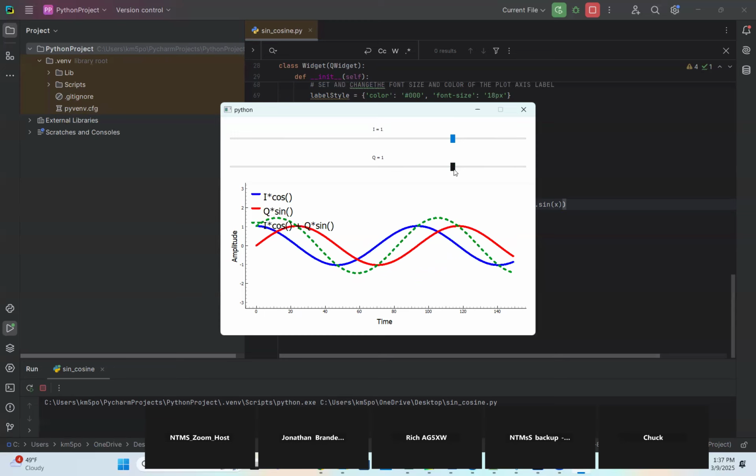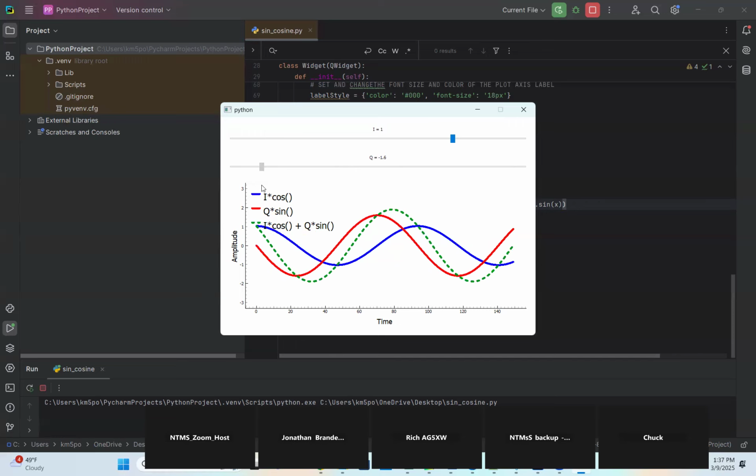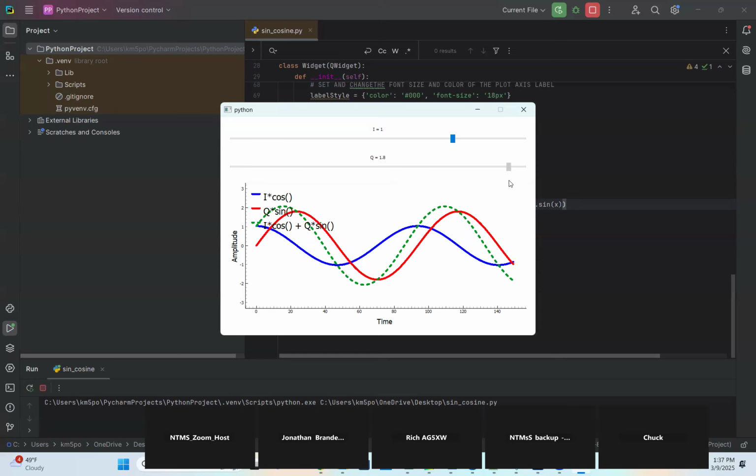Much the same happens with the Q component. Adding, now adding a negative value. So again, the utility here is that in GNU Radio and all the blocks and everything that we have to do to simply add this cosine and sine values together, we can impact both the amplitude of the resultant from the add and the phase of the resultant from the add.